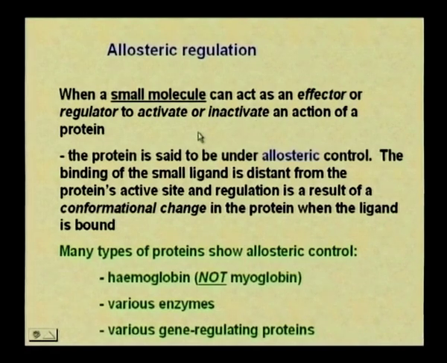Now, what do we mean by that? When this small molecule, for example, we will be doing hemoglobin later on. For example, we know that hemoglobin binds oxygen. Oxygen is a small molecule that binds to hemoglobin. Now, when oxygen is bound to hemoglobin, it acts as an effector or regulator into activating hemoglobin.